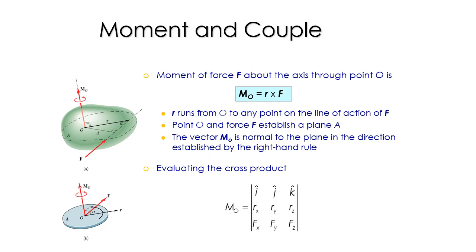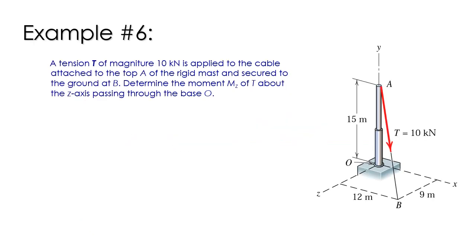To give you an example, in example number 6, we have a tension T of magnitude 10 kilonewton applied to the cable attached to the top A of the rigid mast and secured to the ground B. Determine the moment Mz of T about the z-axis passing through the base O. If you look at the figure, the force T is directed downward.